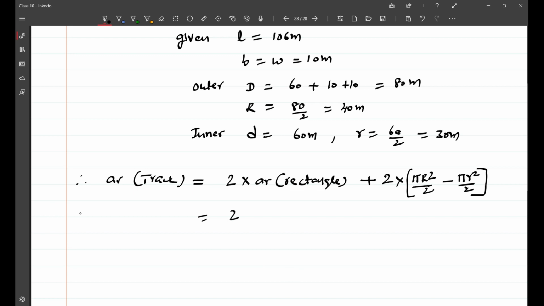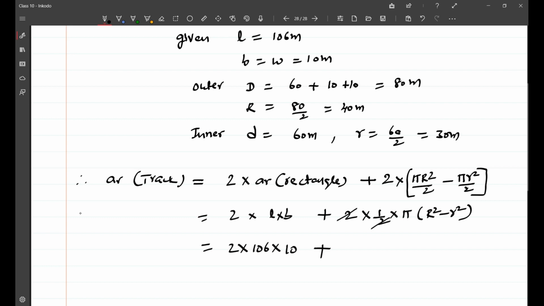Area of rectangle is length into breadth plus, and here the common factor is 1 by 2, and pi also is a common factor, big R square minus small r square. Big R is outer radius and small r is inner radius. 2 multiply given length is 106 multiply width is 10. Here 2 get cancelled.